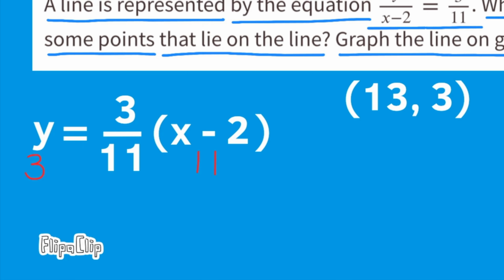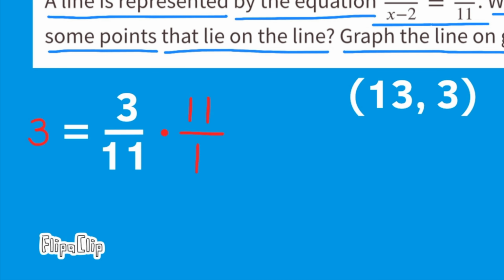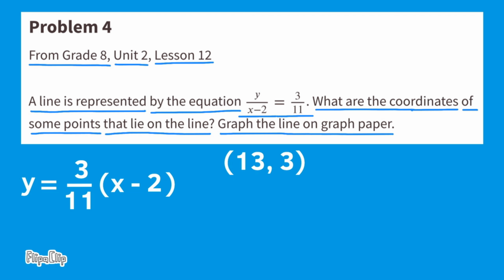Now the equation reads 3 equals 3/11 times 11. And 3/11 times 11 is 33/11. 33 divided by 11 is 3. 3 equals 3.